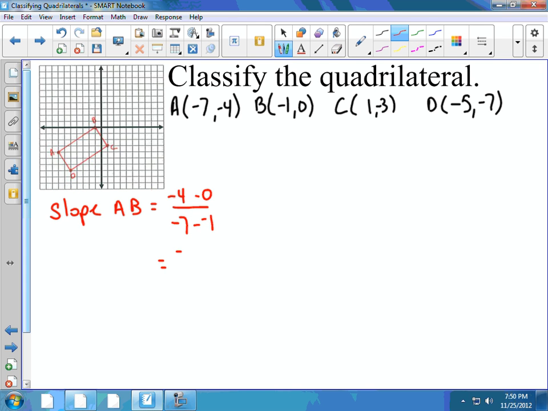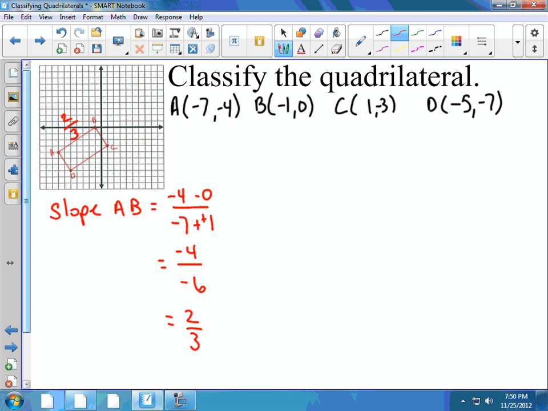That gets us -4 over -6, which then simplifies to be 2/3. So again, copy it here. You may need a little bit more space on your sheet of paper.